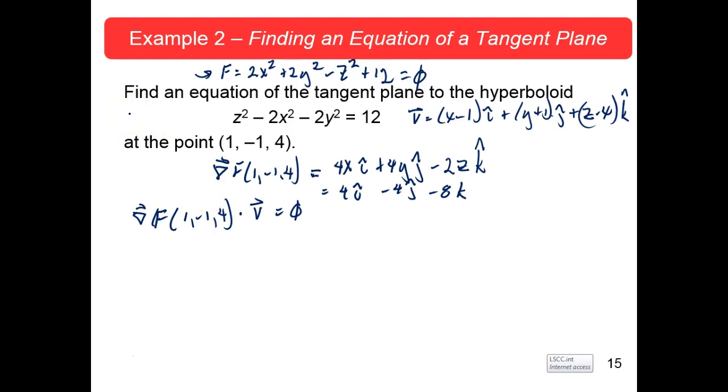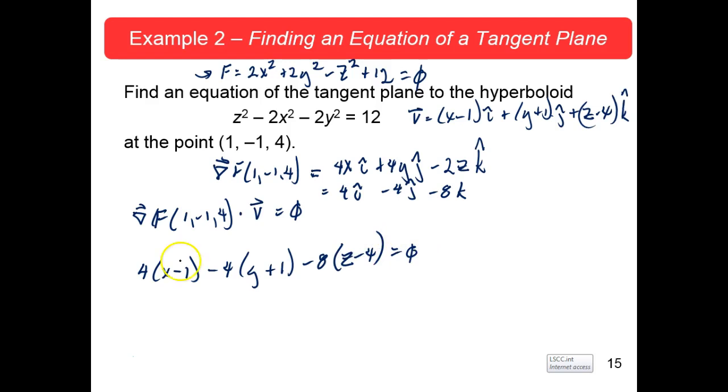I just erased v, didn't I? There it is. It's up there. Okay. So this will be 4 times x minus 1 minus 4 times y plus 1 minus 8 times z minus 4 equals 0.